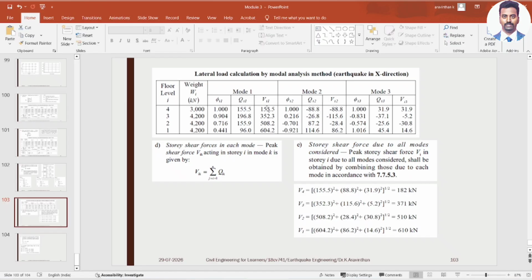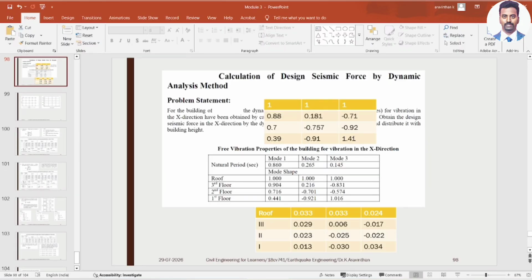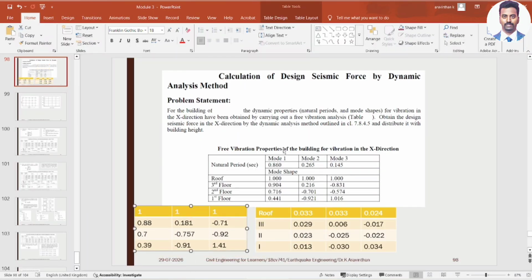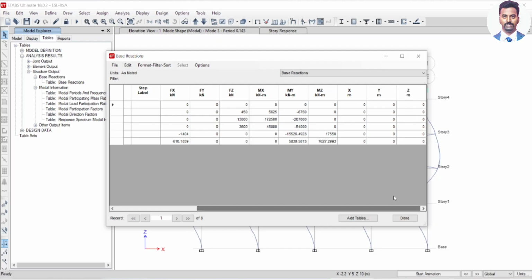Since our mode shape values are slightly different from the theoretical answer, we will be getting some deviations, but the overall answer will be nearly same. Due to insufficient data in theoretical analysis, we have assumed nearly whatever is given in the theoretical value, and we have started proceeding the problem. So this is the idea which you can get from the ETABS analysis.